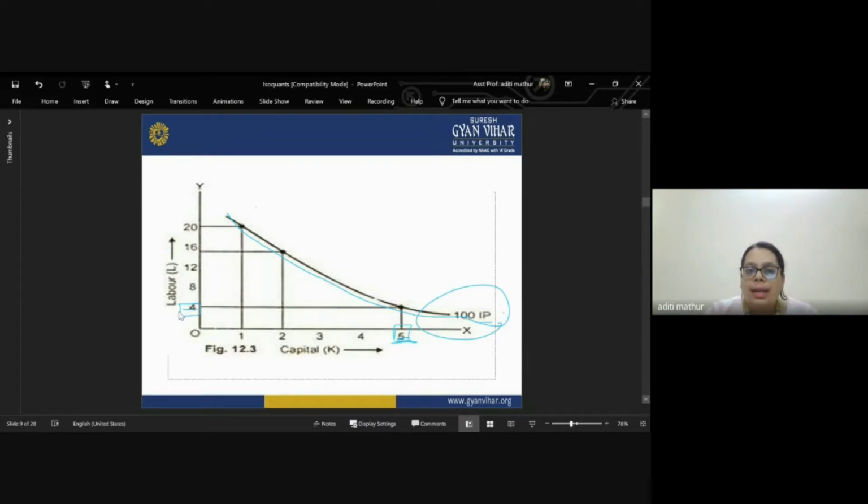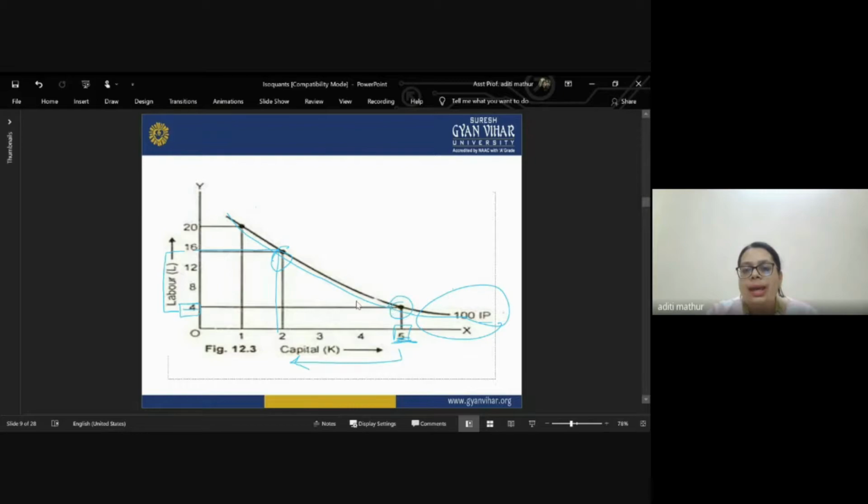So if I increase my labor to 16, I am actually reducing my capital from 5 to 2, and this is how I have come up to this point.